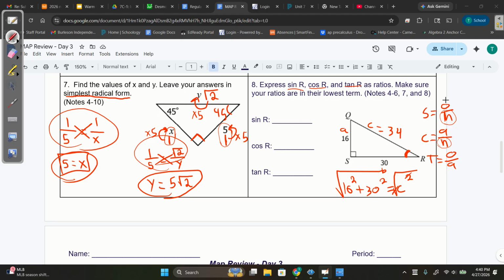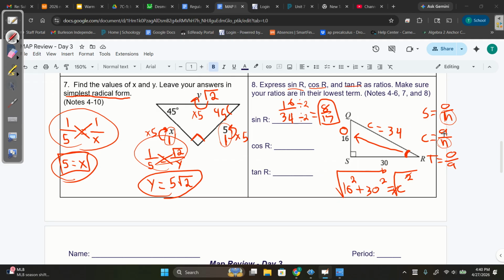Sine is opposite over hypotenuse. From R, the opposite side is this side here. So the opposite is 16 over the hypotenuse is 34. This fraction can be reduced a little bit, so we're going to divide top and bottom by 2 to get 8/17.